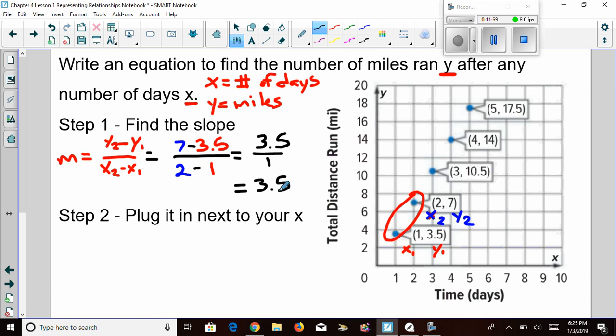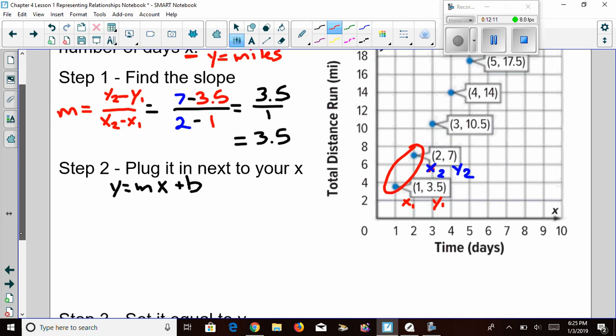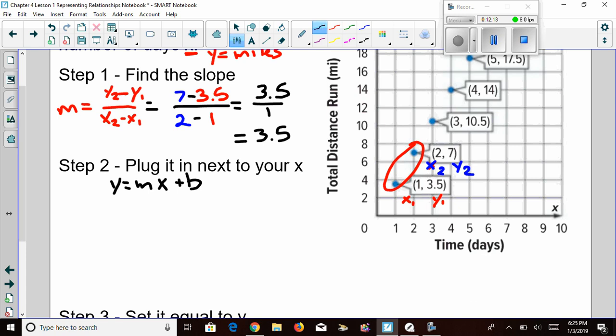Now we're going to use that to figure out y equals mx plus b. So to start, let's do what it says and plug our m next to x.